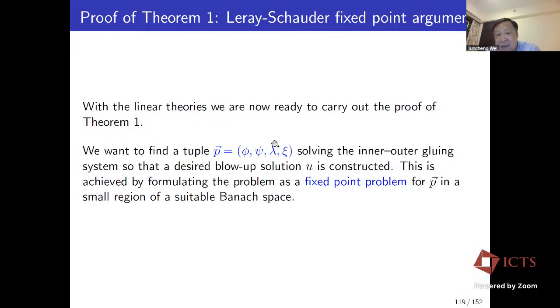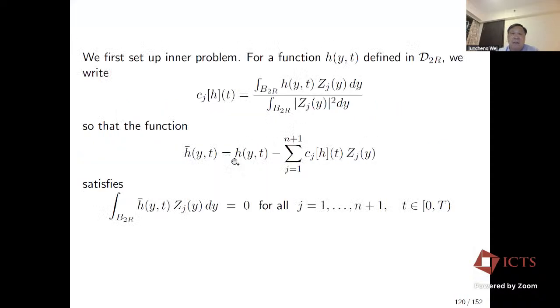These are the ODEs we need to find, and these are the PDEs we need to find. Okay, so we formulate this problem as a fixed point theorem in a small region in a suitable Banach space. So first set up the inner problem. To set up the inner problem, we put in a Lagrange multiplier, just like in lecture 1 and lecture 2.